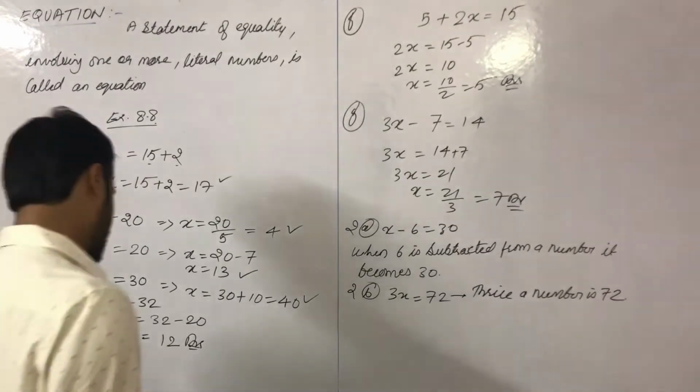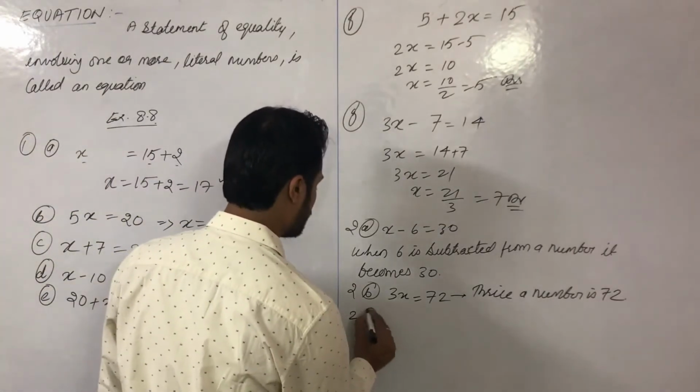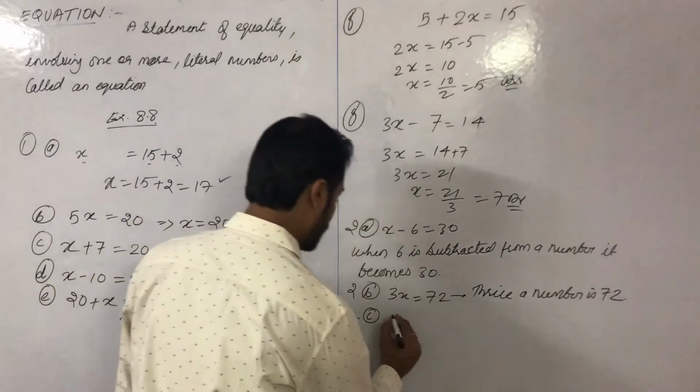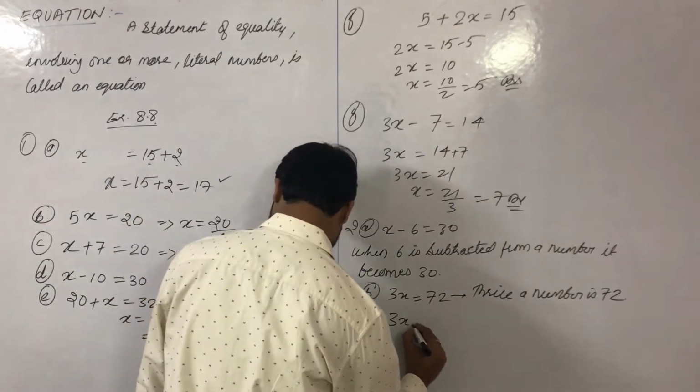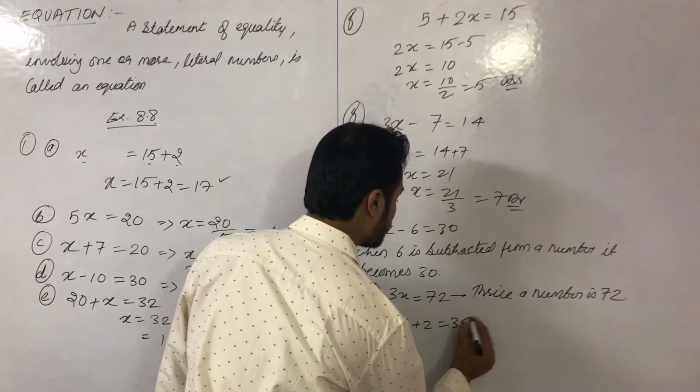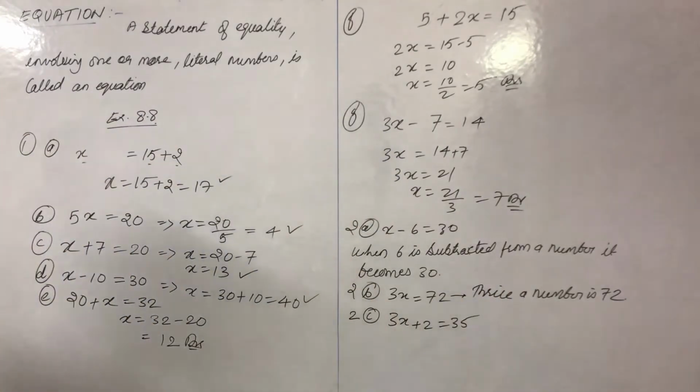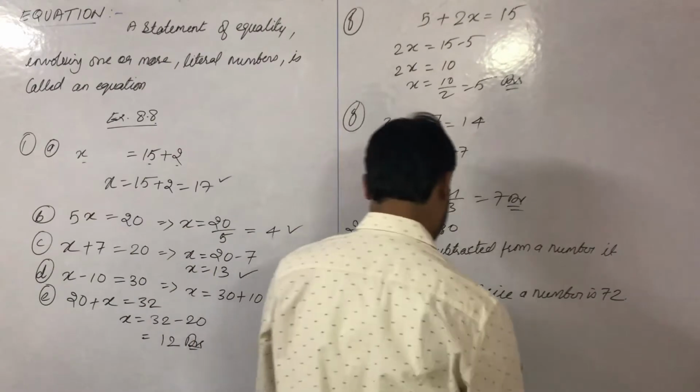Next, part C. The equation is 3x plus 2 equals 35. 3x, thrice a number, plus 2, added by 2, becomes 35. So what to write?